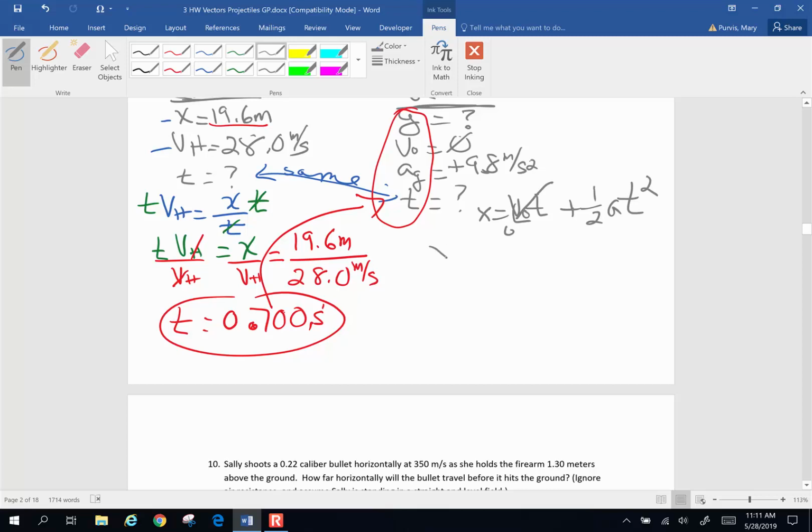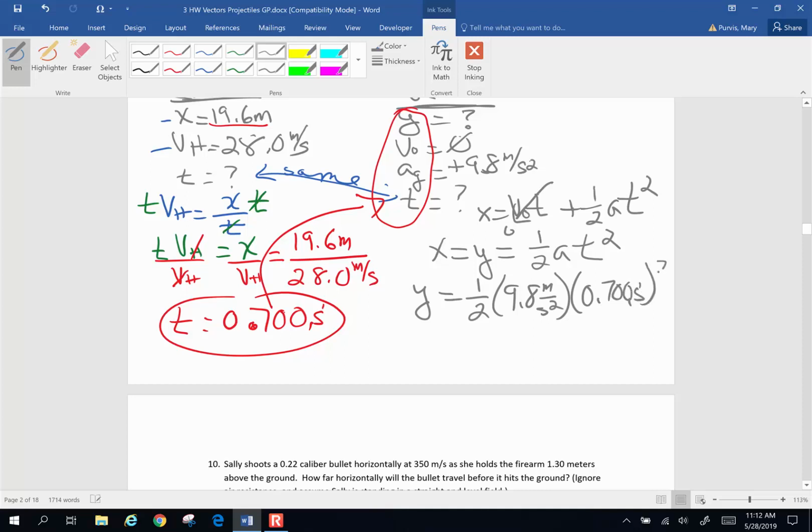So I have x, which if we're talking vertical displacement can be equal to y, is 1/2 at squared, and I know acceleration and time. So what is my vertical displacement? 1/2 the acceleration of gravity, 9.8 meters per second squared, times 0.7 seconds, quantity squared.